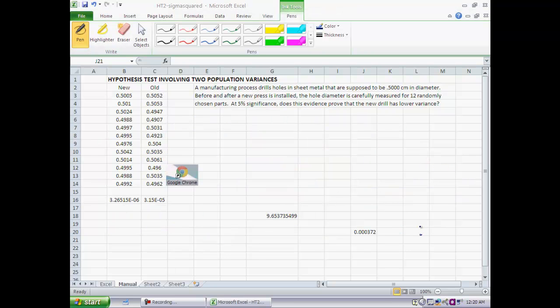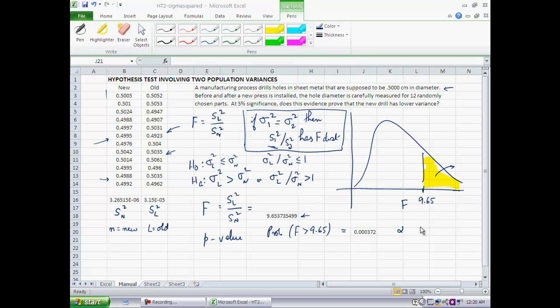So I'm willing to accept a 5% chance of making a type 1 error. And what my data is telling me is that if the null were true as an equality, then the likelihood of getting such an extreme F statistic or something higher is only 0.03%. That's certainly much lower than our alpha.